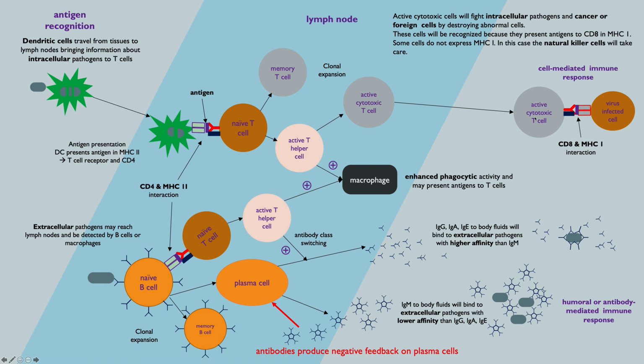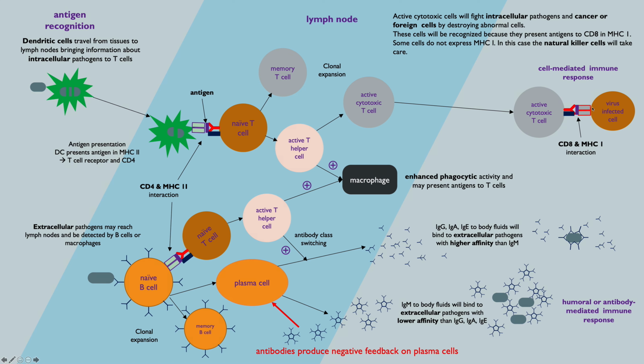Now, the recognition by the cytotoxic T cells of which cells contain the antigen is made by the presentation of these antigens in the molecule MHC class I. So notice the interaction between nucleated cells and cytotoxic T cells, or CD8, is using the MHC class I, while the presentation of antigens to CD4 cells is by means of the MHC class II molecule.